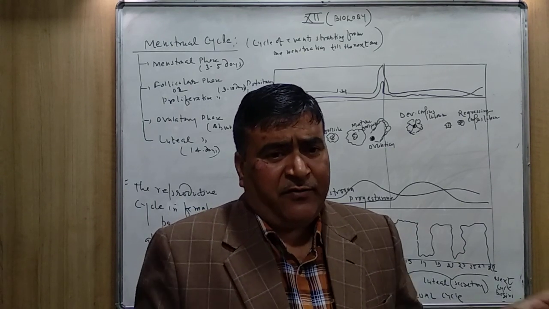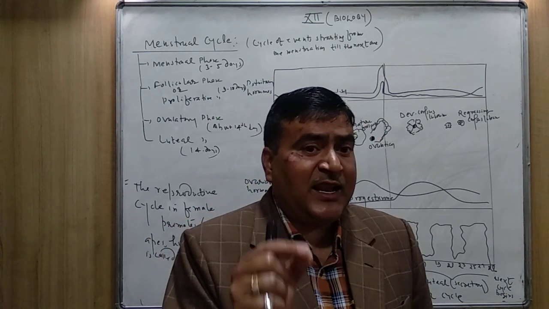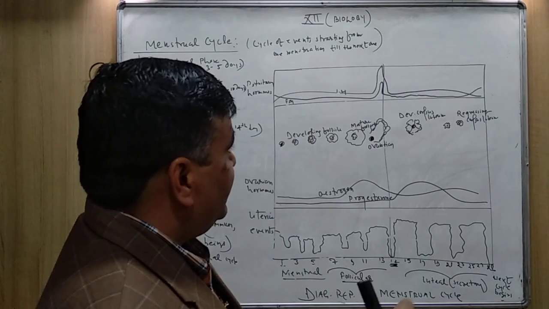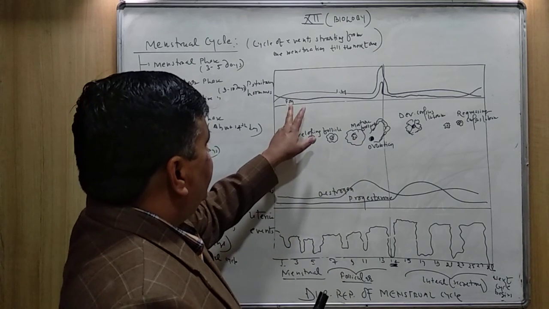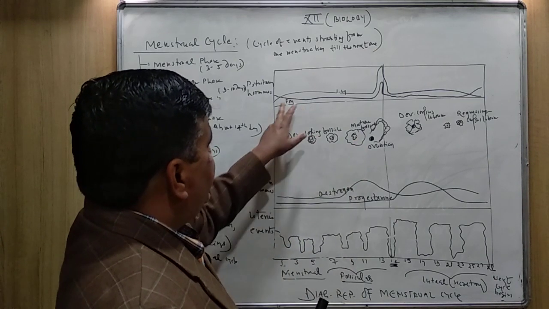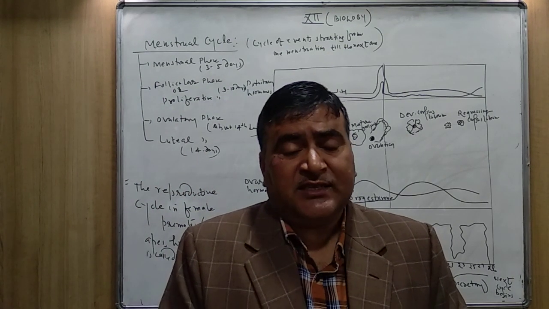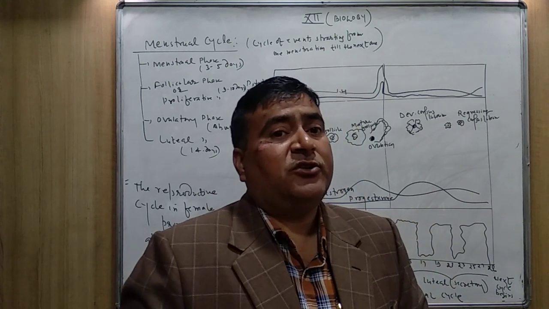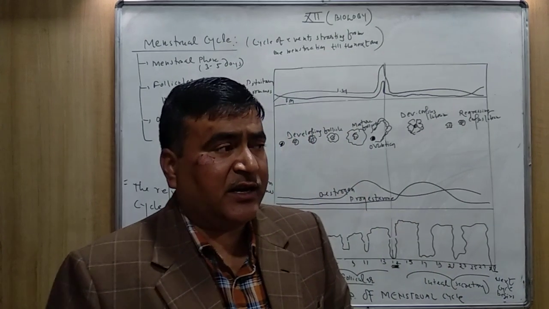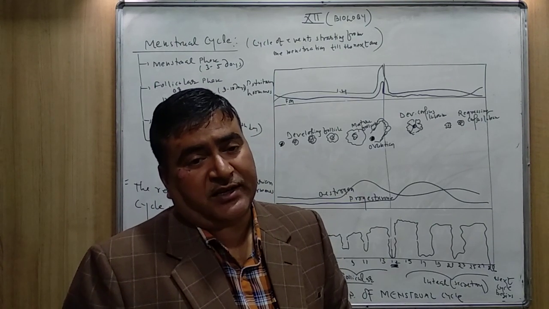So out of so many follicles, which follicle will convert into the Graafian follicle? It is selected by FSH. So follicle stimulating hormone selects the immature follicle which is converted into the Graafian follicle, or you can say the mature follicle.